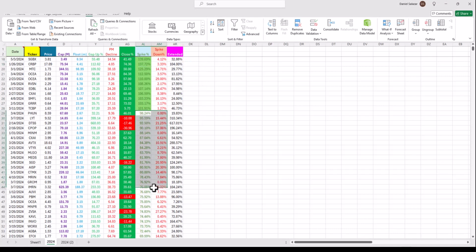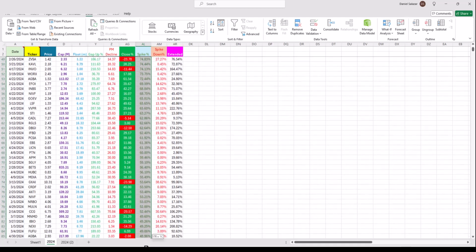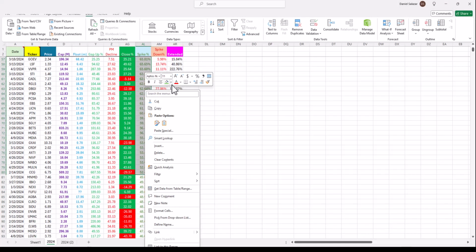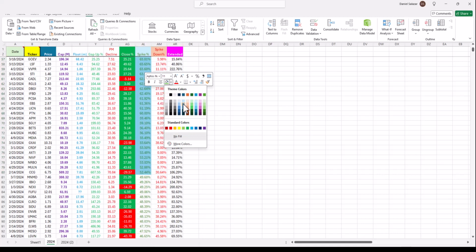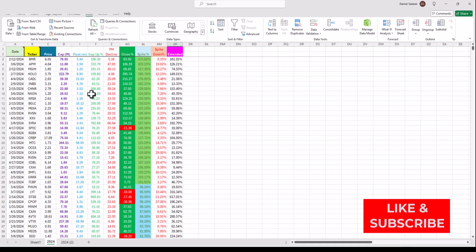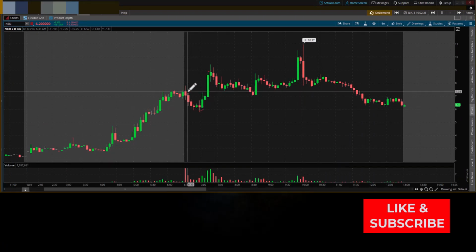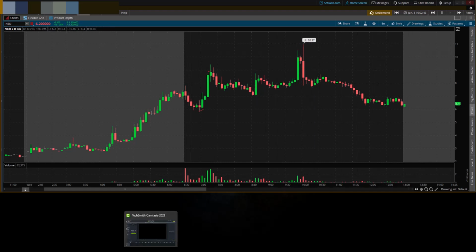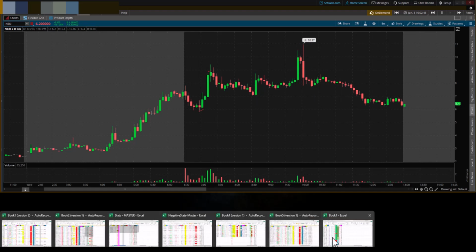Anything that spiked up over 50, I'm going to put blue, just so you start getting a sense. Once again, all I'm measuring is the spike from the opening price to the highest point. It doesn't matter where it is or what time, as long as it's intraday and it's the highest point, that's what's going to show on Excel.